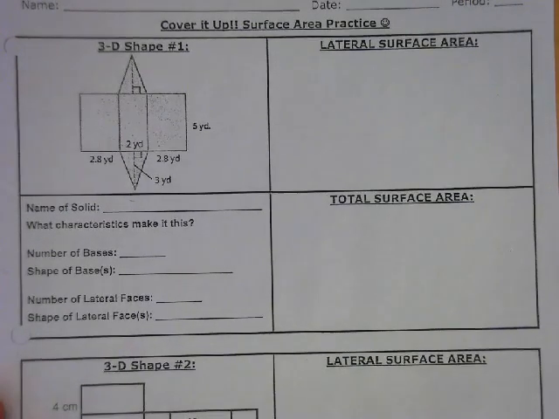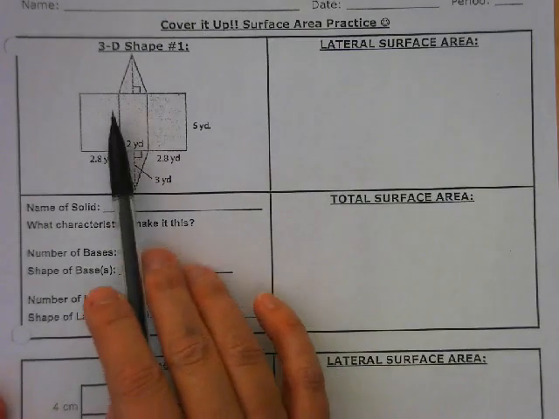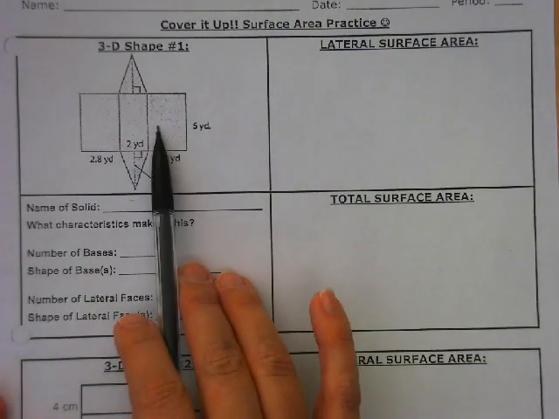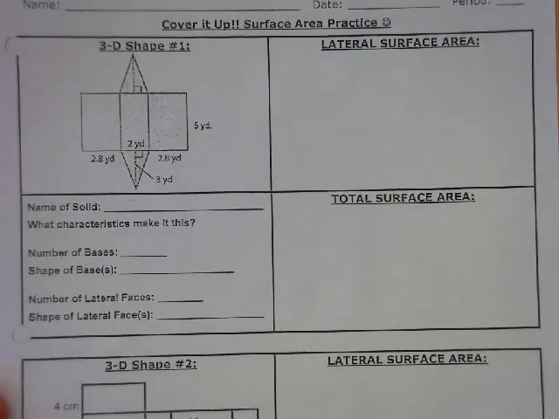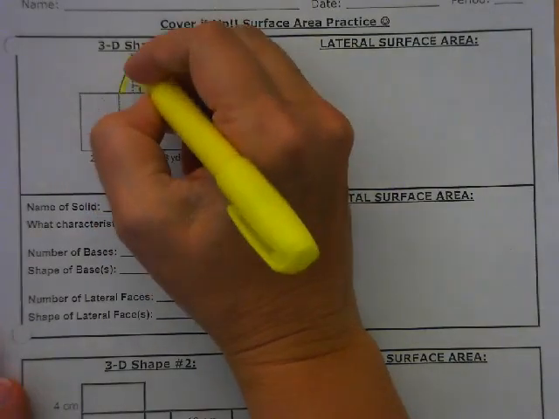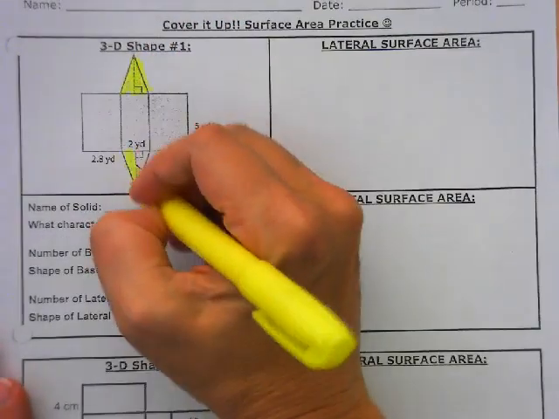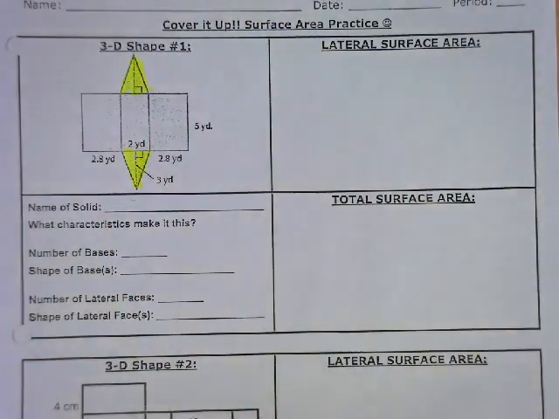So the first thing I want you to do is look at this shape. I want you to identify the base. Remember, the base is going to be the two parallel congruent shapes. What's the base? The two triangles. And we are going to highlight those base shapes.